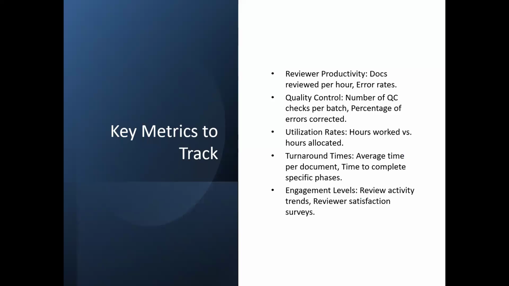What does that mean to you, first of all, and how do you use it? Yes, so reviewer productivity. What I look for is how fast reviewers are reviewing documents, right? So are they reviewing at 20 docs per hour, 50 docs per hour, 100 documents per hour?